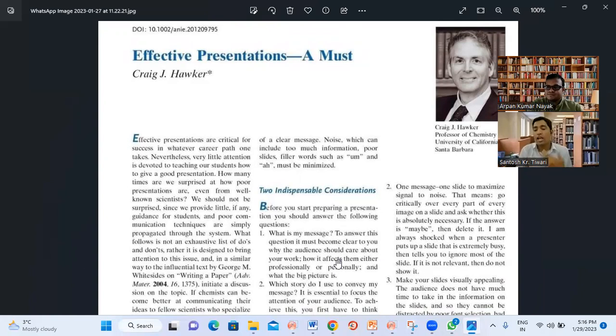That is the second. And third, you have to choose very attractive, appealing colors that are not disturbing. Sometimes we use red, white and green in a single figure and feel it is looking very good. It is looking good for you but not for the audience. We have to understand that.